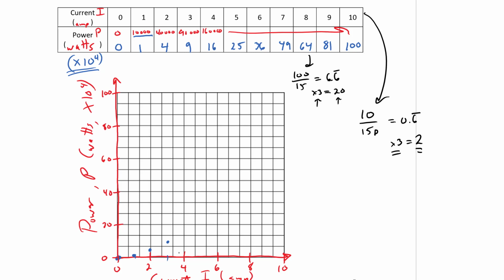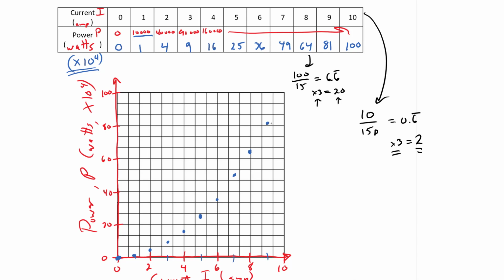We have 4 and we have 16, right about there. 5 and 25. 6 and 36. 7 and 49. 8 and 64. 9 and 81.